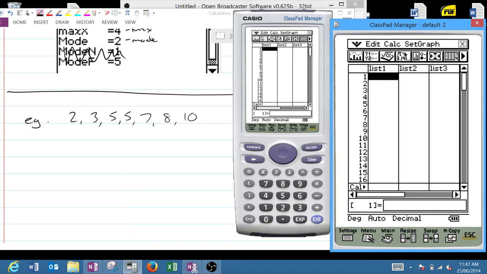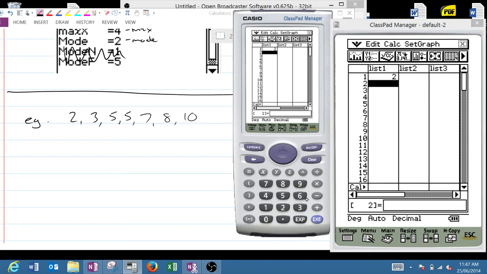Good. We put in a list of numbers. We don't even have to put in the frequency as one. Okay, so we go 2, 3, 5, 5, 7, 8, and 10. Instead of putting in anything in list 2, we just leave it blank. Alright?